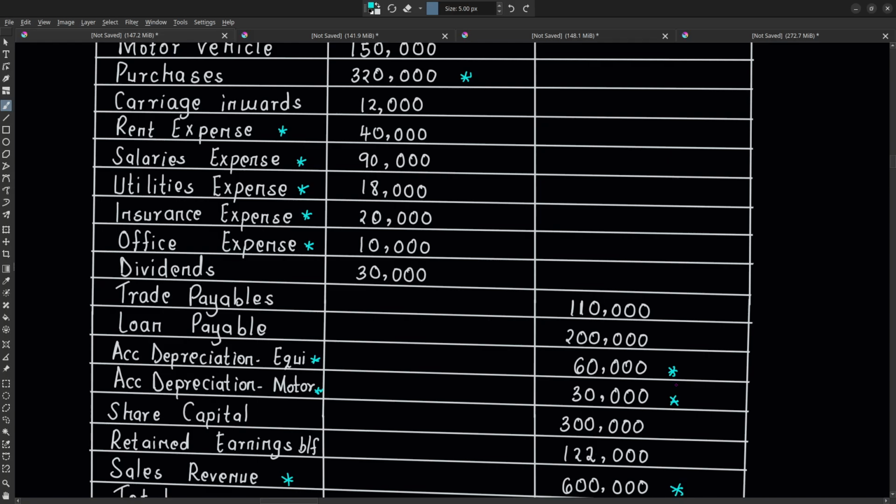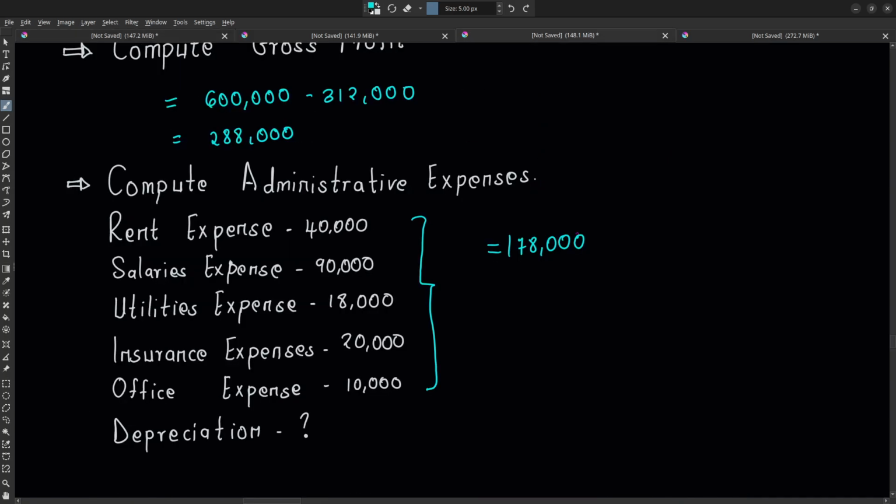So this one usually reduces the account for motor vehicle and the other one for equipment. This is depreciation that has been calculated in the prior period. So you need to be able to calculate the depreciation that will be affected on these assets during the period that we are reviewing, because we need to recognize depreciation expense of assets during the period that these assets have been used to generate revenue.